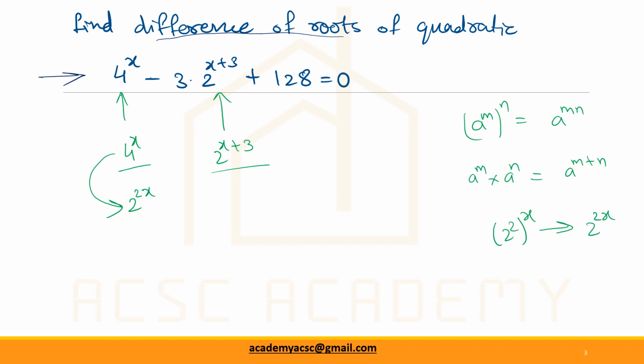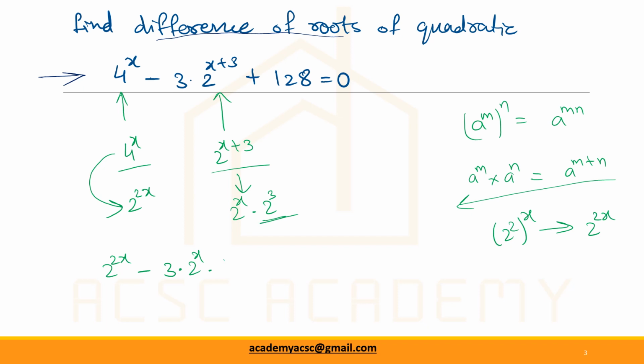Then here we already have this 2 raised to x plus 3. We can separate out this 3 from here and write that as 2 raised to x into 2 cube. We just applied this one in the reverse way. So now we can convert the given equation into 2 raised to 2x minus 3 times 2 raised to x into 2 cube.